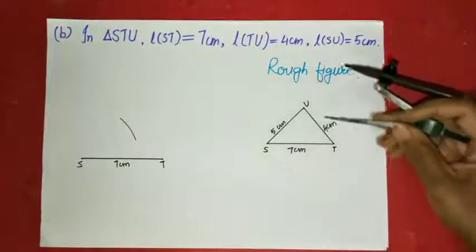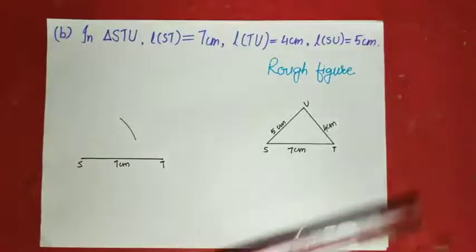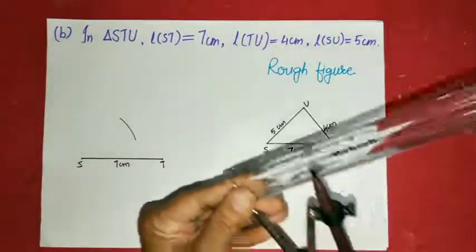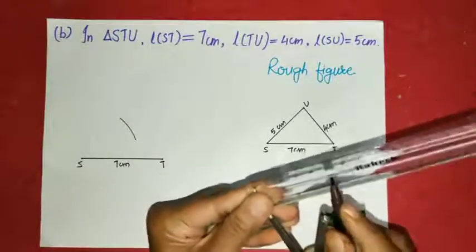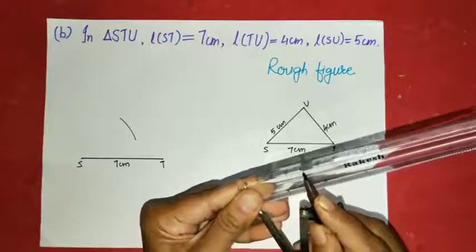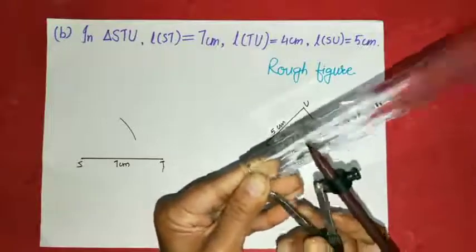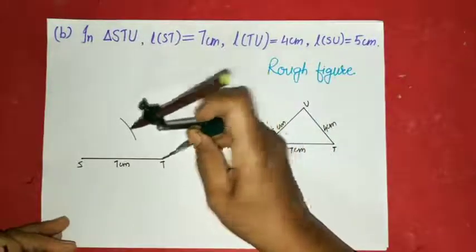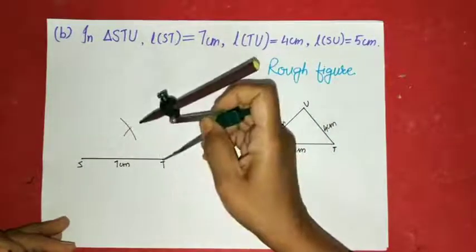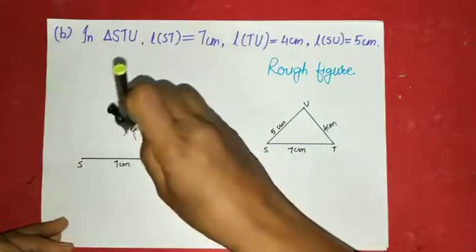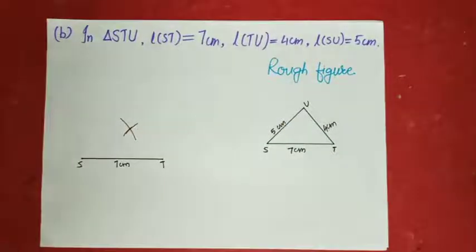Now we have to give arc of 4 centimeter from vertex T. So again take your ruler and your compass. Put the needle end on 0 and take the measure up to 4 centimeter on your ruler. Now put the needle end on T. Give the arc here like this. This is of 4 centimeter.